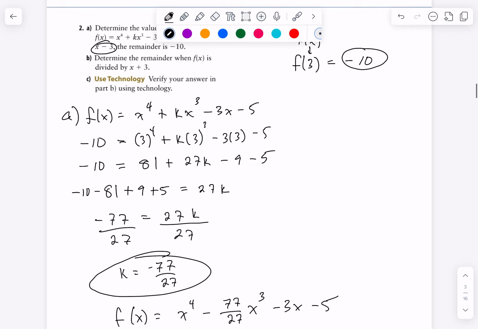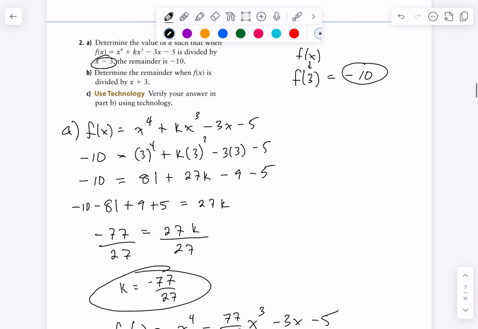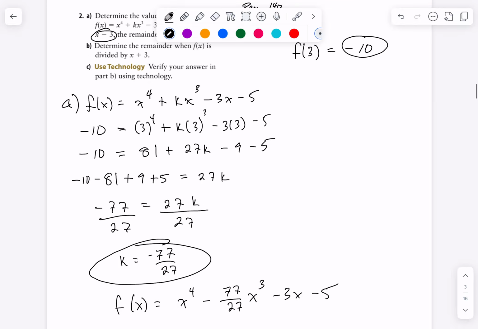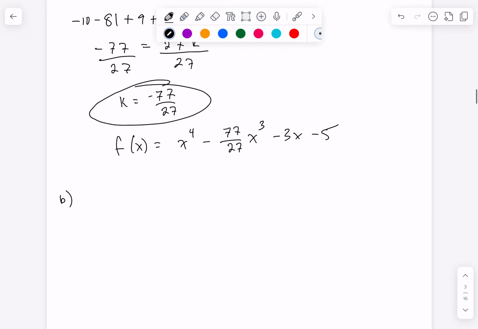So the second part is determine the remainder. So part B now wants us to find the remainder when I long divide, or I keep saying long divide, divide x plus 3 in. So we're going to divide that into this polynomial and find the remainder.